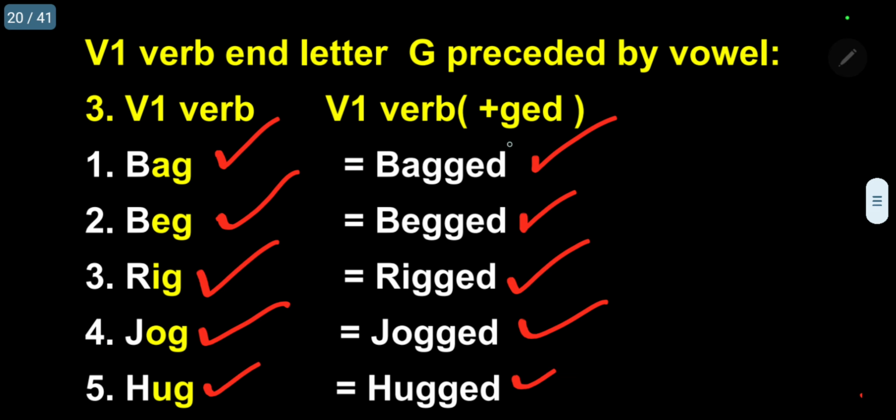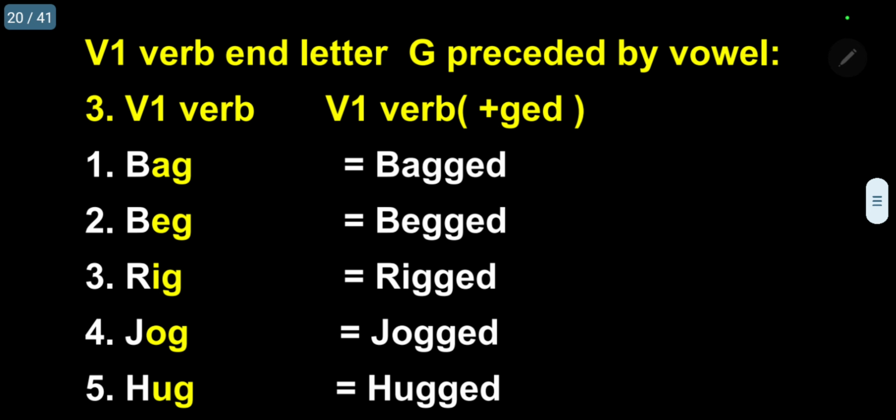Always double G, so I am adding GED in all the cases. Vowels A, E, I, O, U. Only in this case, now we have to add double G.